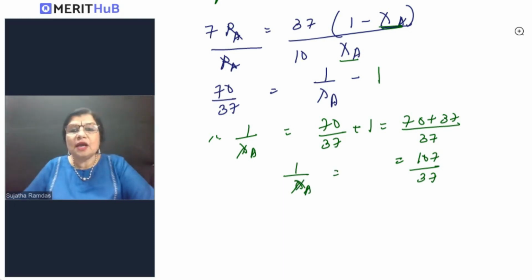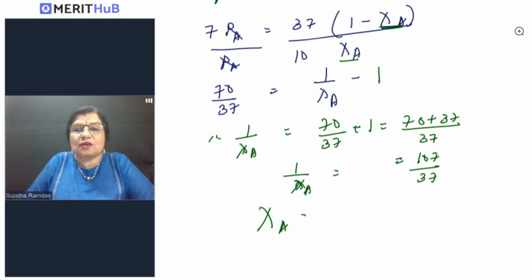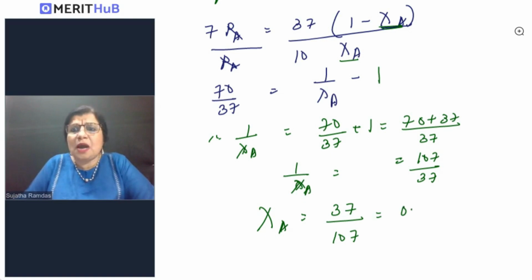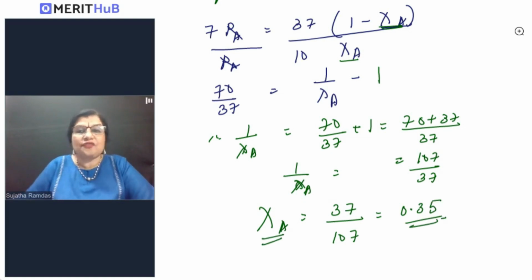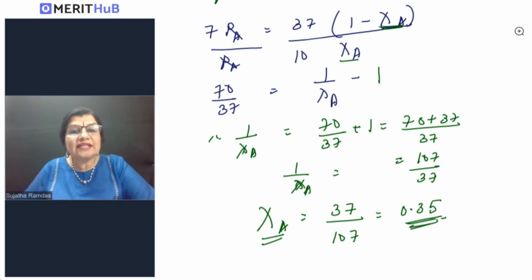So what is mole fraction of A equal to? 37 divided by 107, and that amounts to approximately 0.34 something, so 0.35. Okay, so mole fraction of A is 0.35. Since you've been asked to calculate only the mole fraction of A, we can stop with the discussion here.